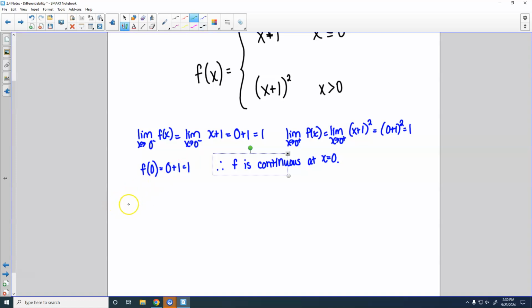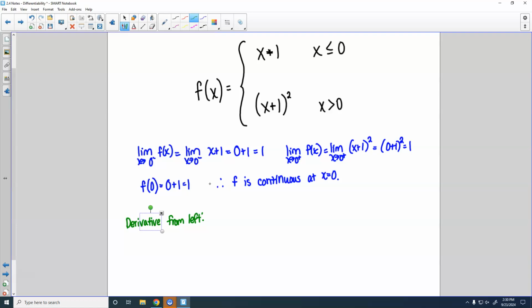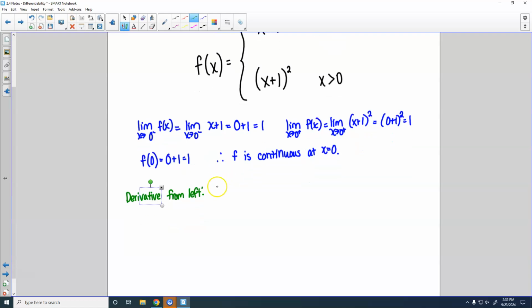So, your derivative from the left. From the left, which equation do we use? Top one. All right, so we're doing the limit as x approaches a of f of x minus f of a over x minus a.